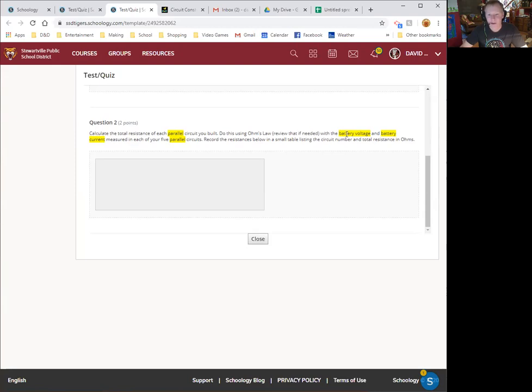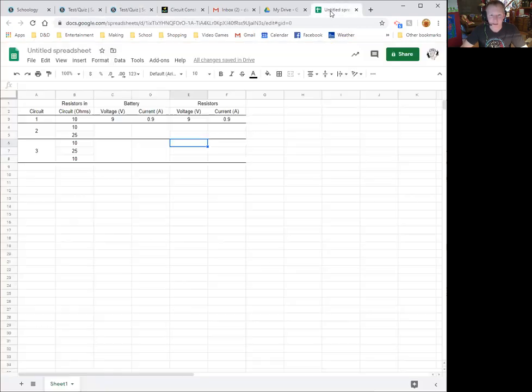Again, we're going to use the battery voltage and the battery current measured in each of our 5 circuits. We're going to have our table with circuit 1, 2, 3, 4, 5, and then the total resistance. We'll make a calculation using Ohm's law, so make sure to review that and know how to use it.